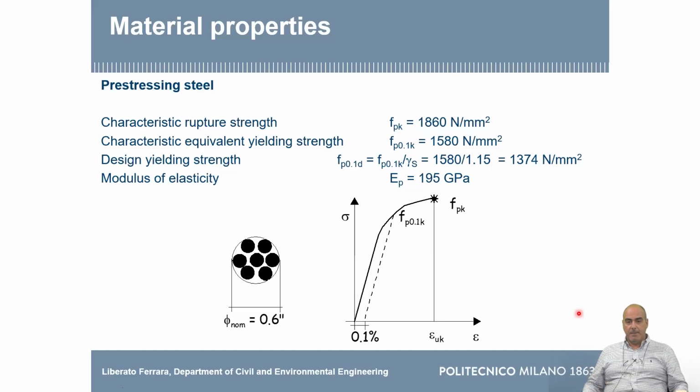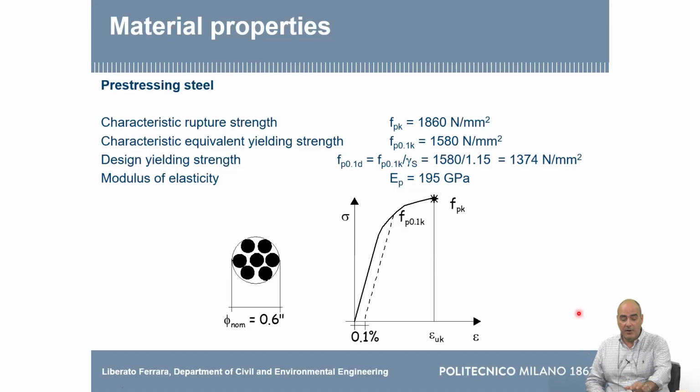As I was saying, the steel for pre-stressing we call harmonic steel in Italy. Harmonic because you use the same wires in piano strings or in musical instrument strings. It has to be very high quality, very pure.